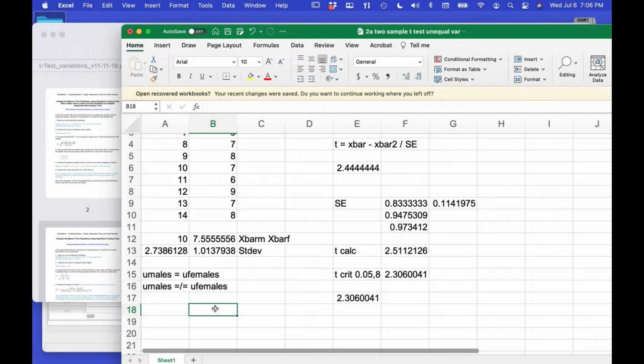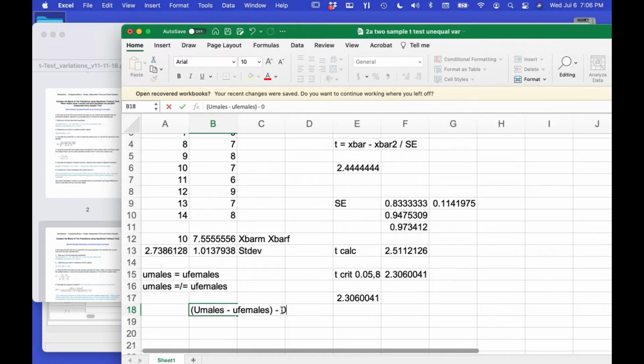What's happening there is that they're saying that the null hypothesis is mu for males minus mu for females, minus 0.